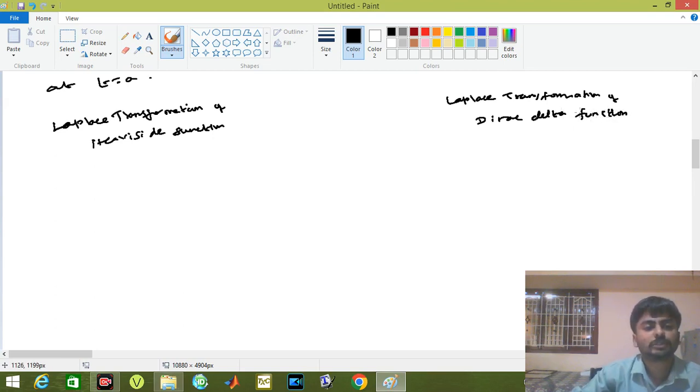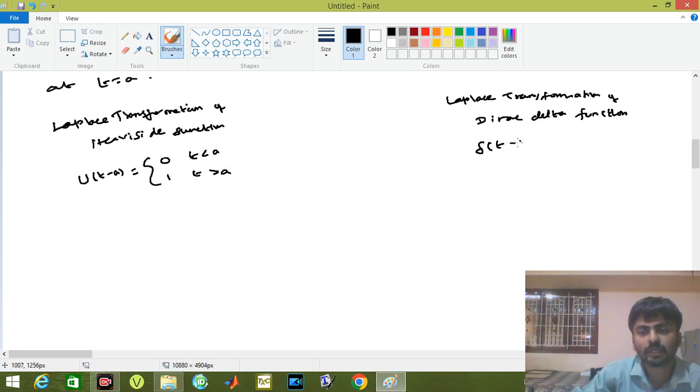The Heaviside function is given by u of t minus a equal to 0 for t less than a and 1 for t greater than a. The Dirac delta function is given by delta of t minus a equal to 0 for t not equal to a and infinity for t equal to a.